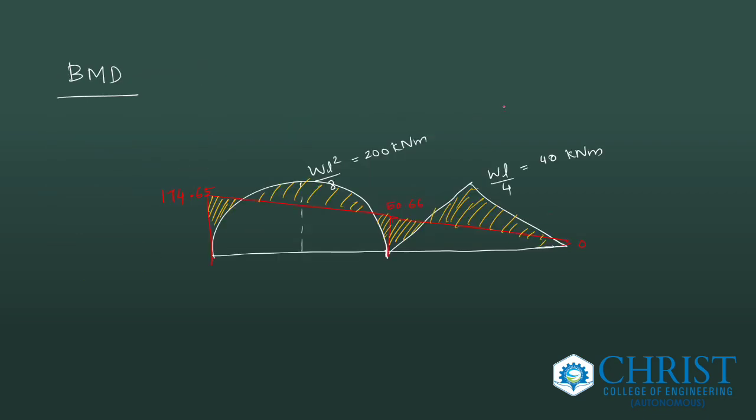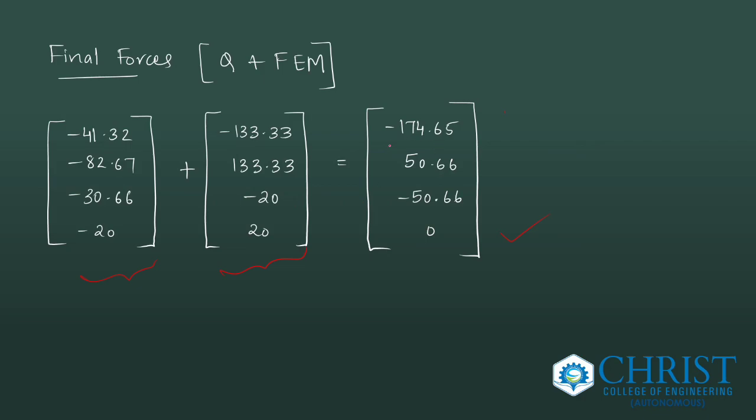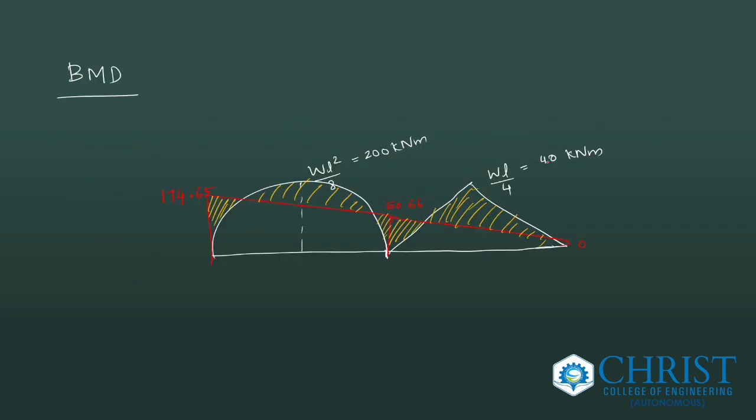So let's draw the bending moment diagram. The red line indicates the final end moments we calculated now. That is 174 with minus sign. We have studied this in sign conversion, in our first chapter in slope deflection method. At the left end, if you have a negative value, then it should be drawn above the baseline, and hence I drew it above the baseline.